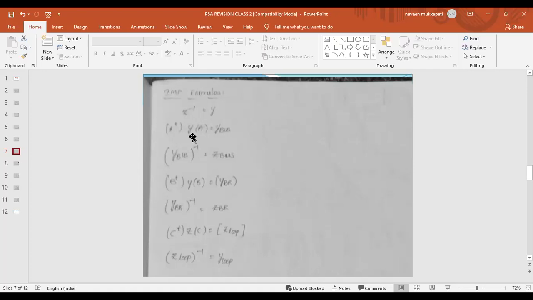We also have some derivations related to the A matrix and A bar matrix, and the formation of the Y bus matrix, that is, how we derive the Y bus matrix, A transposed into Y into A, and the branch admittance and loop admittance or impedance matrices. Those are the derivations in the formation of the bus admittance and impedance matrix, the branch admittance and branch impedance matrix, and the loop admittance and loop impedance matrix.